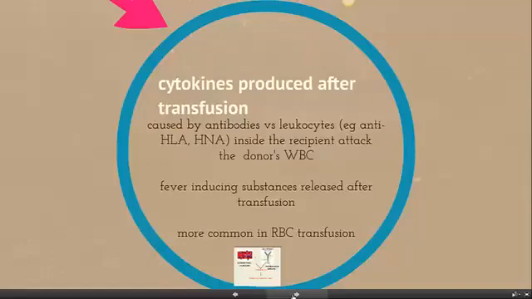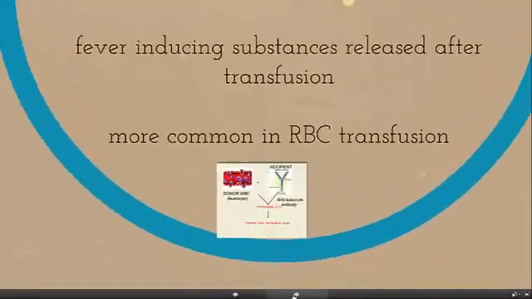So the recipient will produce antibodies against the white cells of the donor. In the second red cell transfusion, there will also be some white cells inside the donor's blood. So the antibodies inside the recipient will attack the leukocytes and also produce cytokines. And these cytokines will cause fever.